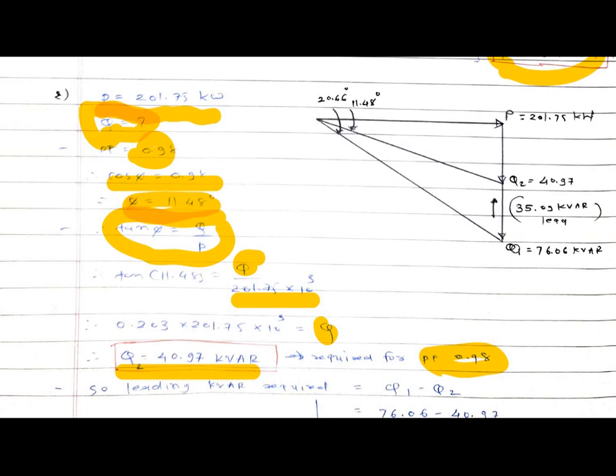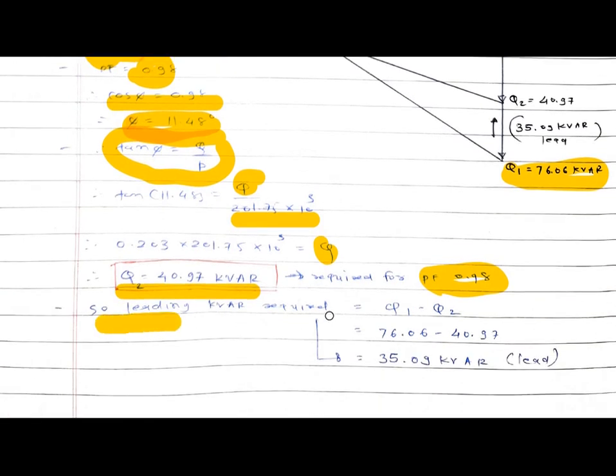And also we know that the reactive power required for unity power factor is 76.06 kVAr. So leading kVAr required for the 0.98 power factor is given by Q1 minus Q2. So the value of Q1 is equal to 76.06 and the value for Q2 is 40.97.